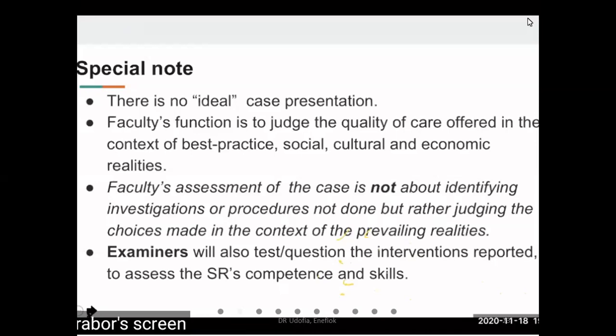Examiners will also test questions and interventions reported. So when you are defending your case, it's what you have reported, because most of the time they realize, and as we go, you see some of those problems that are seen in most of these cases, that you write something very beautiful, but you can't defend it.